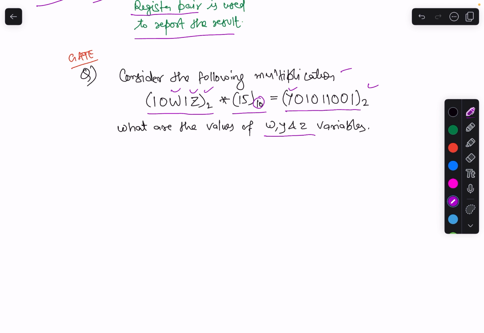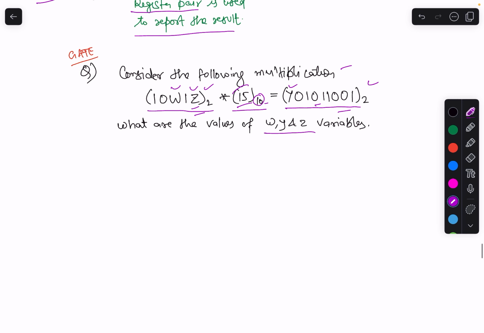So first we need to either convert these two to decimal, because this is already in decimal, or we can convert this into binary, because we have two numbers already in binary. We will do the second case, that is, we will convert this 15 into binary, and then we will try to multiply.